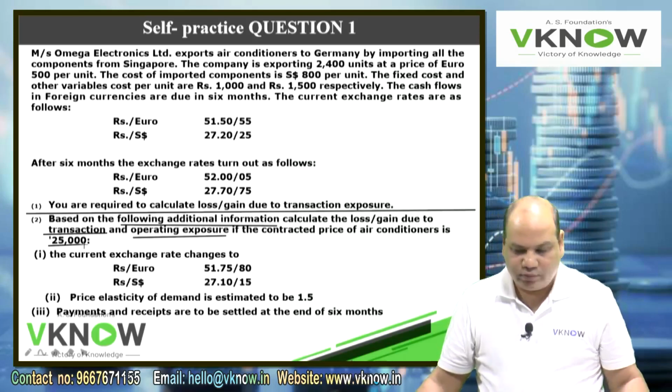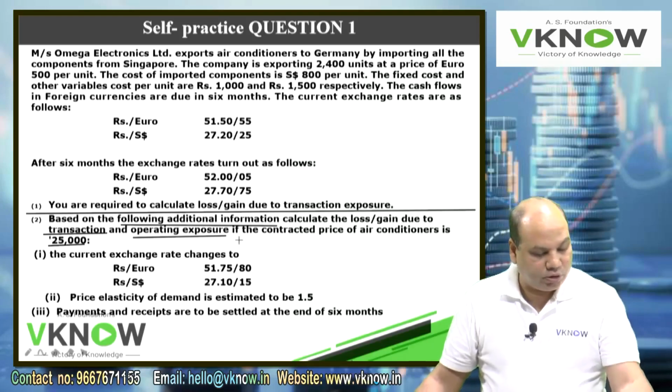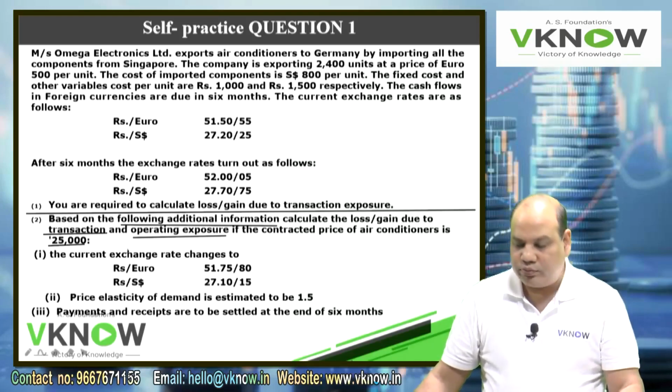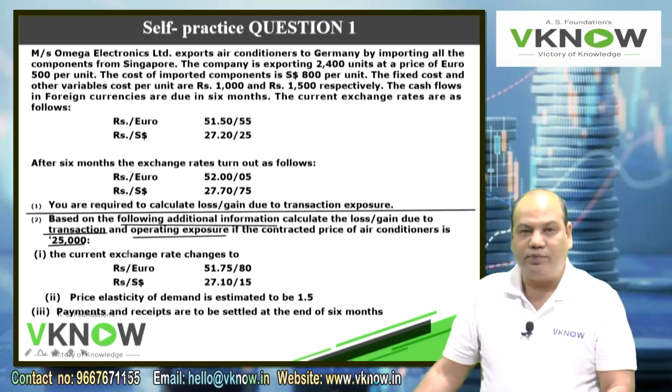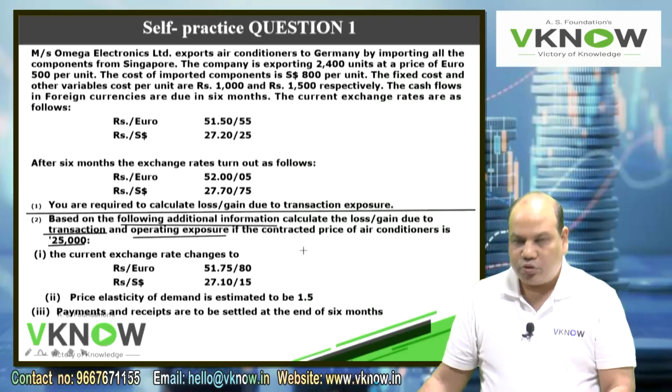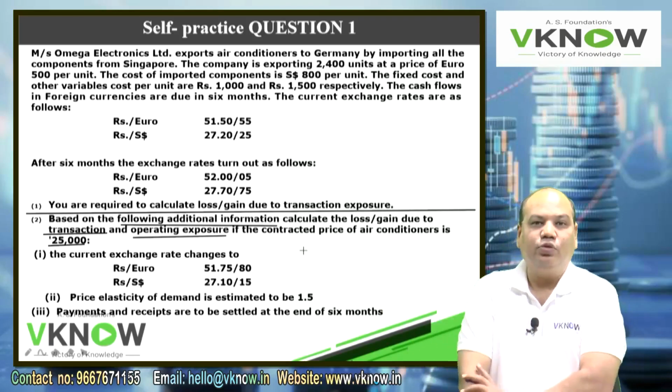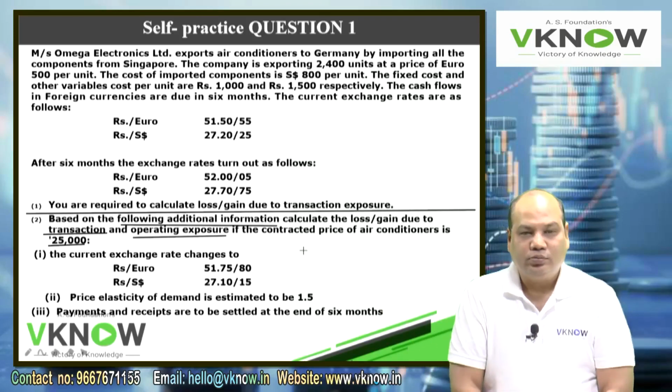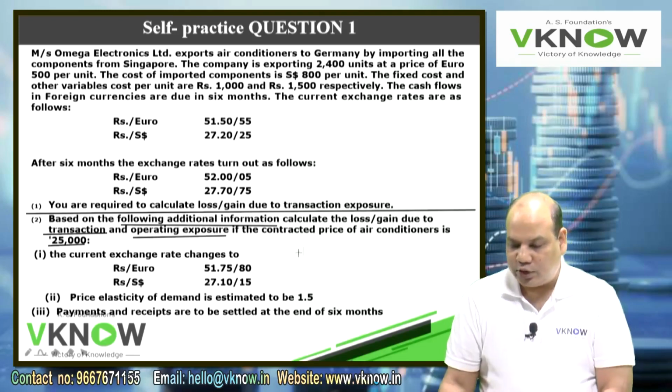So what they did, they told the customer: dear customer, you don't worry, we will charge you rupees 25,000 for one air conditioner. So now the export will be in rupees instead of euro. On the export front, there is no foreign exchange risk, because export is now denominated in rupees.